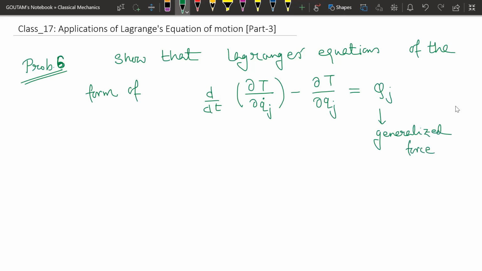And this T is kinetic energy, and the qj are the generalized coordinates.